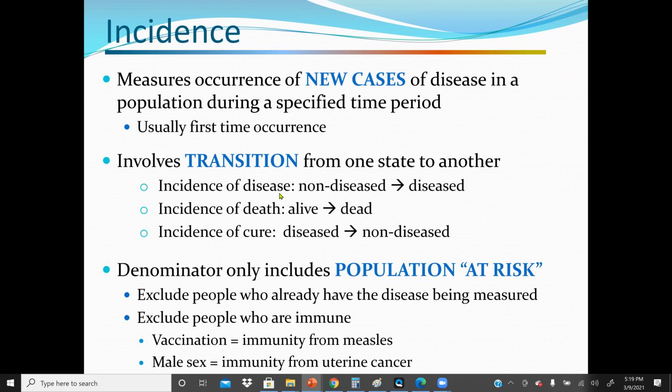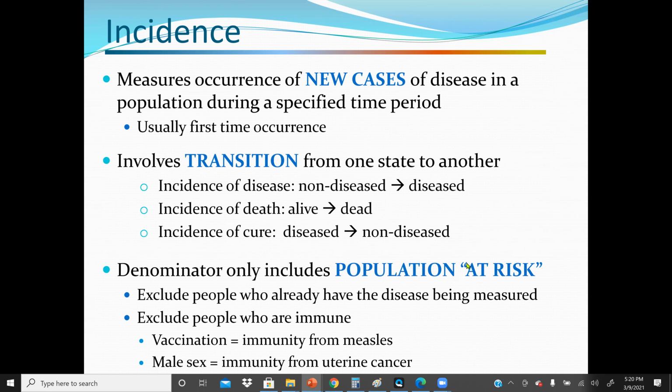If I get a disease, that means I move from non-disease to having the disease, if I'm in good health. Incidence of death means I was alive, then died. Incidence of cure means, again, from disease, then I'm cured, non-disease. The denominator only includes the population at risk. So with incidence, we don't use all the population.